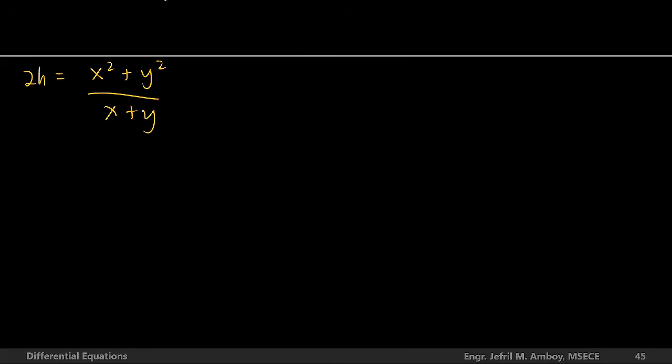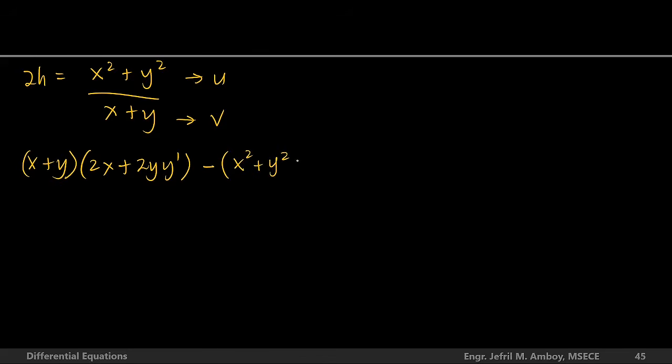So ito naman, gamitan natin ang derivative of a quotient. So we have here, ito yung iyong u, at ito naman ang iyong v. Di ba kapag nagdi-differentiate ka niyan, v du minus u dv over v squared. Okay? So gawin ko na lang siya yung nasa left side. So we have v, x plus y, and then the derivative of the numerator, we have 2x plus 2y, y prime, minus the numerator, x squared plus y squared, times the derivative of the denominator, we have 1 plus the derivative of y with respect to x, y prime.